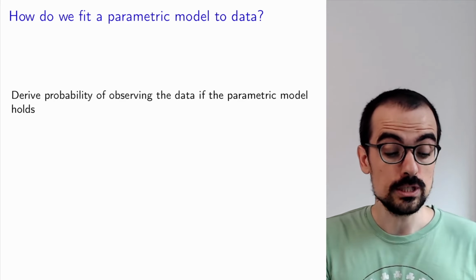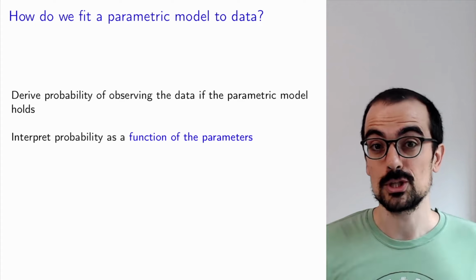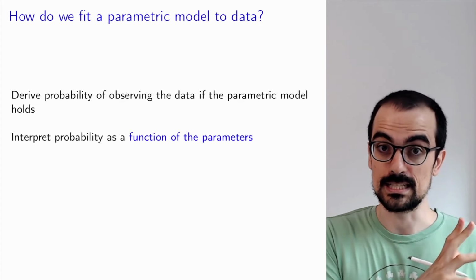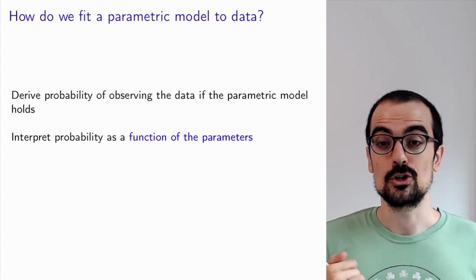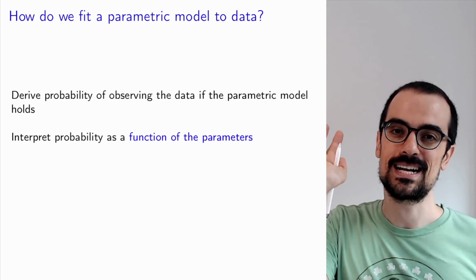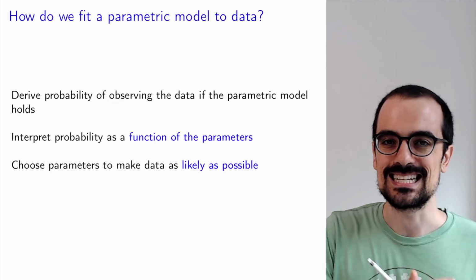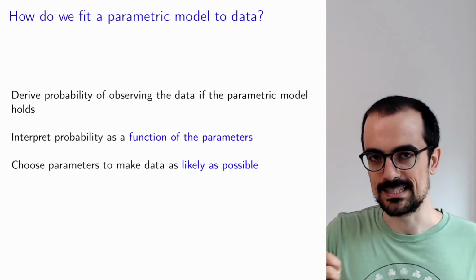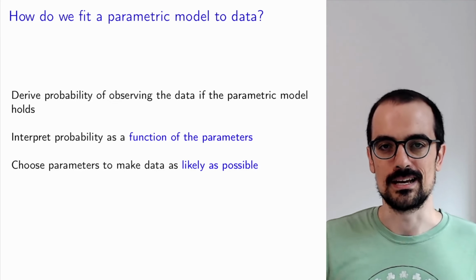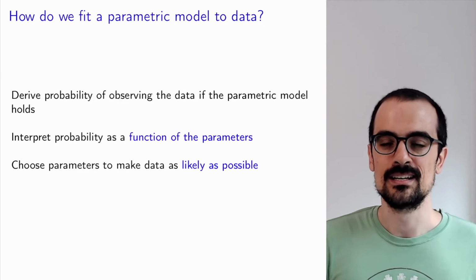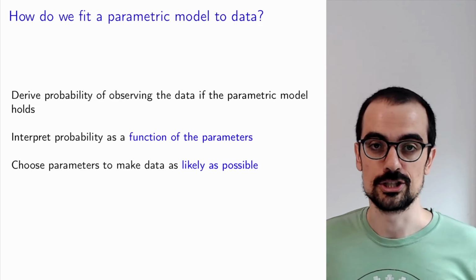But that probability is going to depend on theta, and we're going to interpret it as a function of theta because the data are fixed. And what we're going to do is maximize that probability. So we're going to choose the parameters that make the data as likely as possible. We will explain that, with formulas and so on, in a future video, but this is the idea. This is called maximum likelihood estimation.